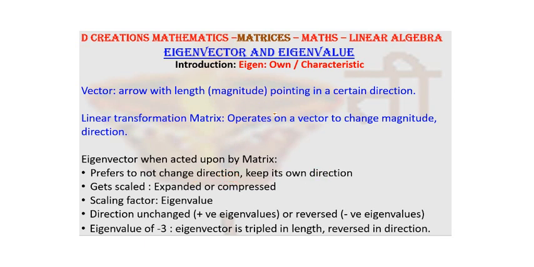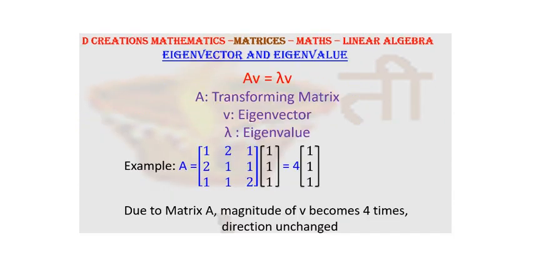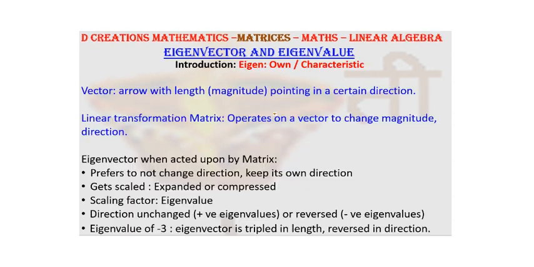Instead, it gets scaled. That means it can get expanded or compressed. And this particular scaling factor, lambda, is the eigenvalue. Again, the word eigen is part of this.